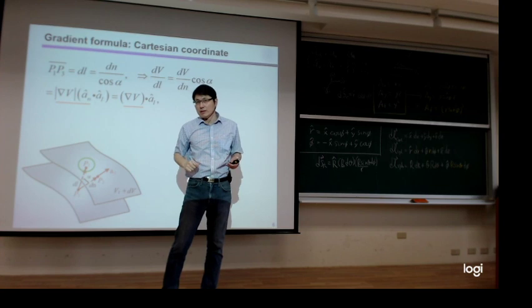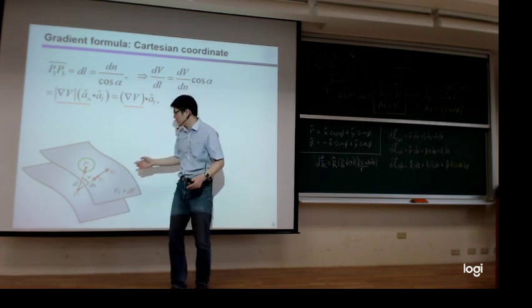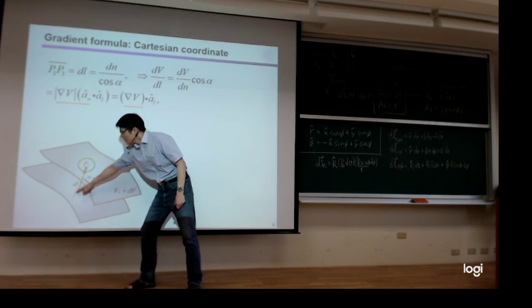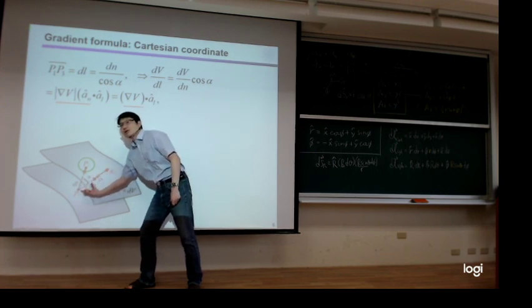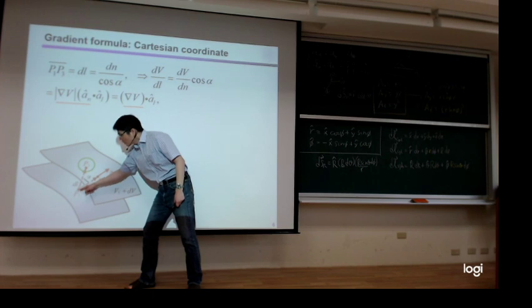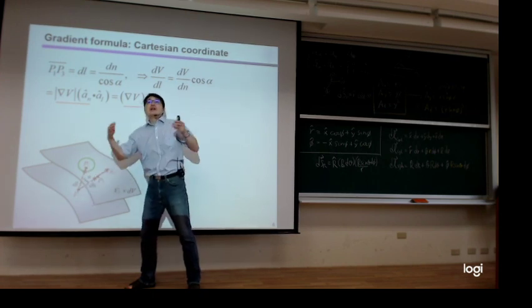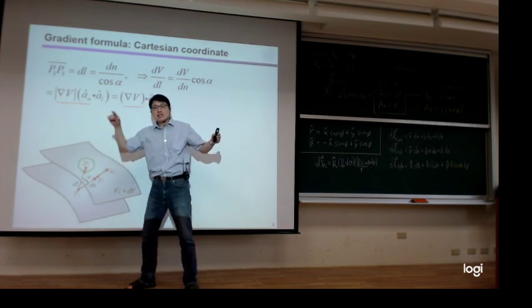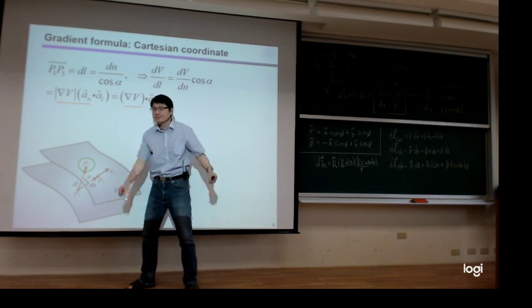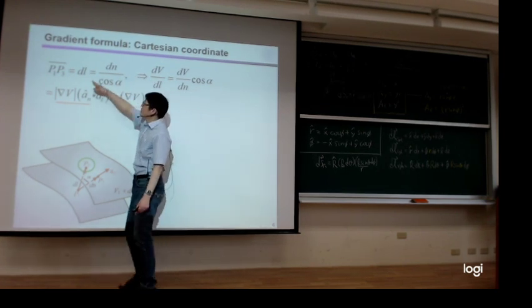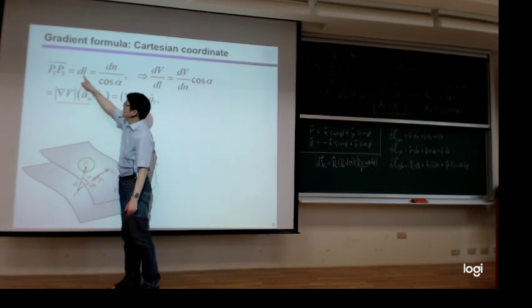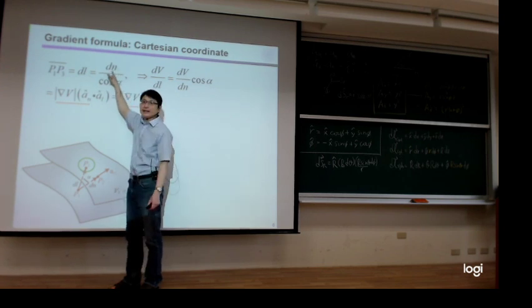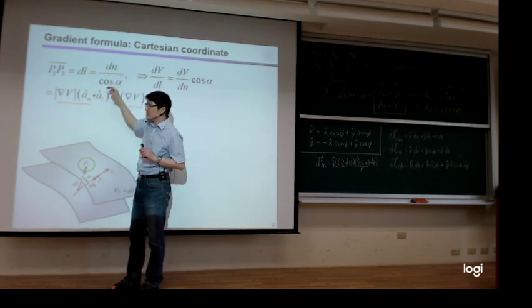So this is reasonable because this is the direction with maximum change, so the path will be the shortest. If I don't take this path, then my distance will be longer. So the change will be small, right? So my dl, my chosen path, is longer than dn, reasonable, because it's divided by cosine alpha.